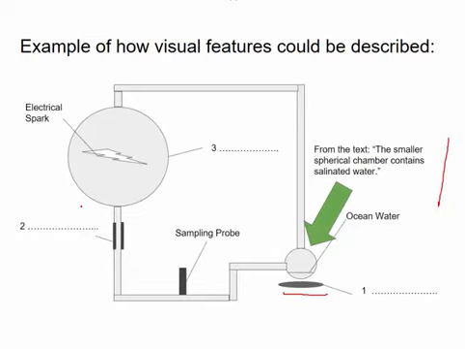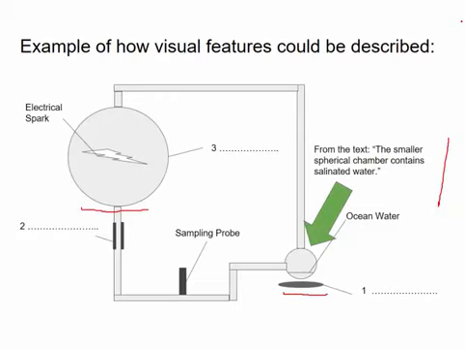I'm talking about this one over here, right? So the text may say something like the smaller spherical chamber, but there's no label for chamber or sphere on the visual itself. That is just visual information that you're probably going to be asked to think about for answering some of the questions on the diagram.